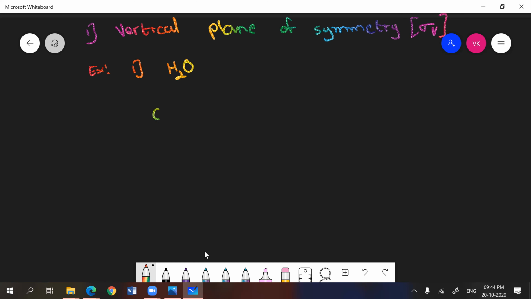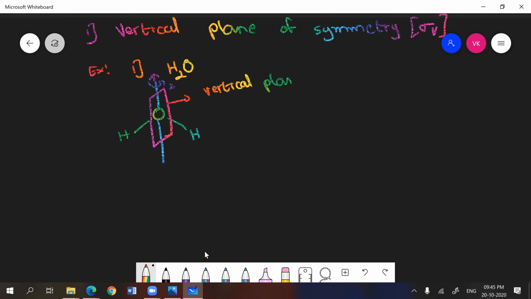Water has a bent shape, and this is the principal axis. This is the Z axis, which has the principal rotational axis. When you take a plane along with the principal axis, then this plane is said to be a vertical plane.